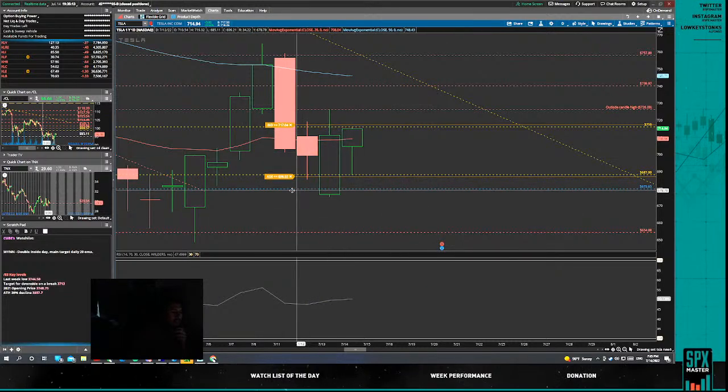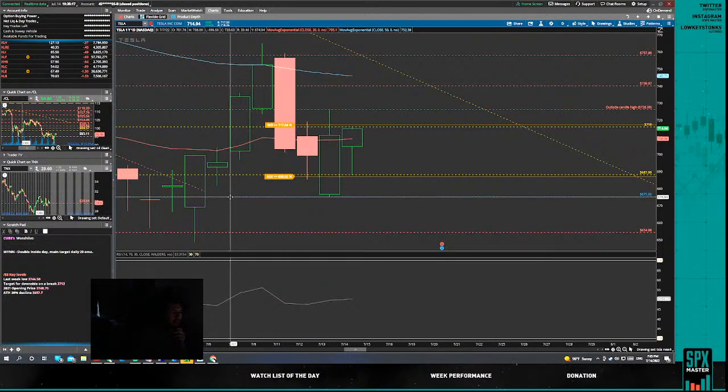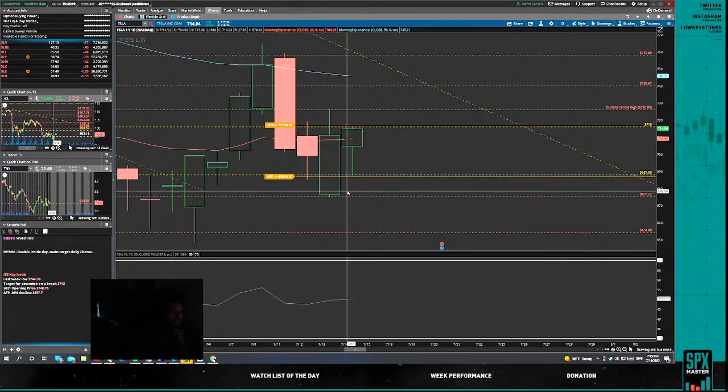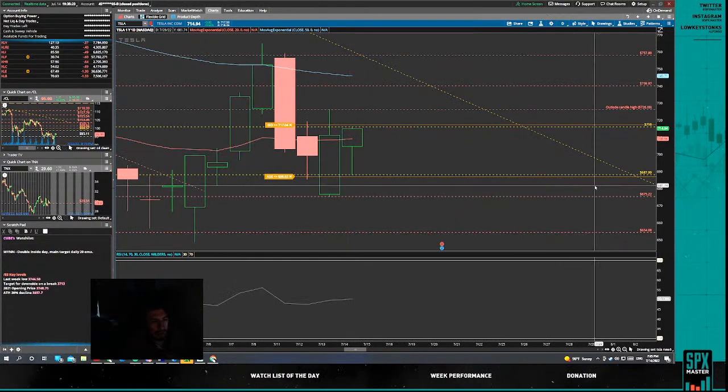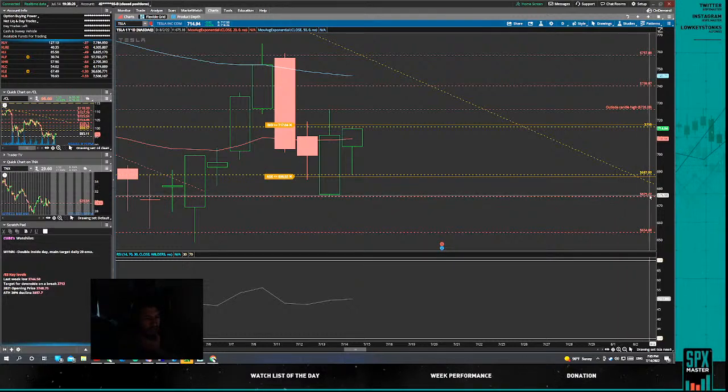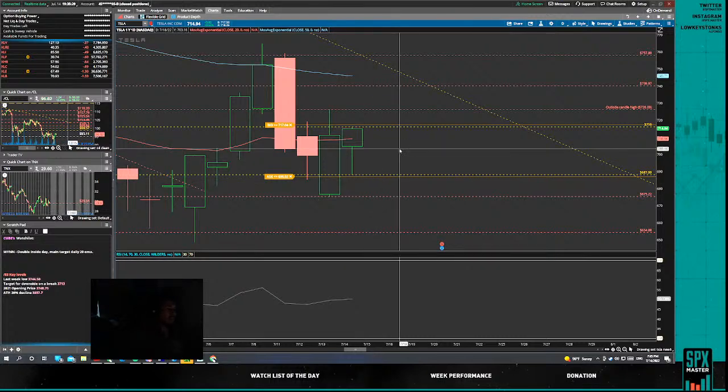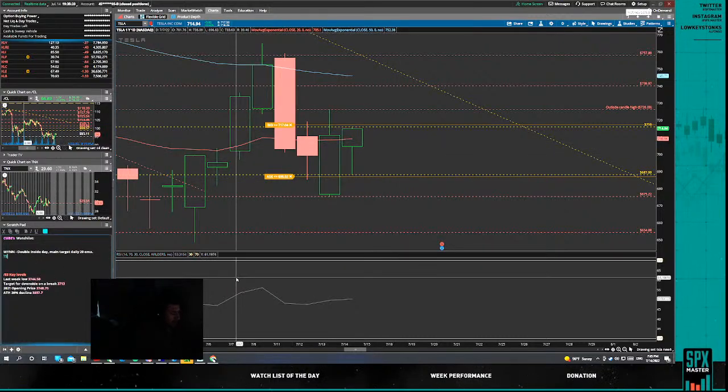Our immediate target will be this candle low. And if that breaks, I will be looking at 675.22. And then if that breaks, it will be 654, right? So I'm just gonna put that right here, Tesla.